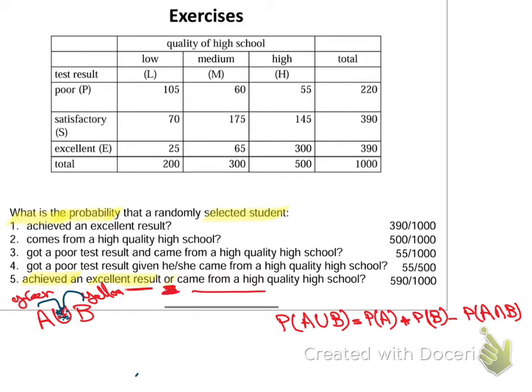So or means union. If you remember the general formula we have for the union, we said initially that if I have A union B, the probability of them equals the probability of A plus the probability of B. You remember we said that?